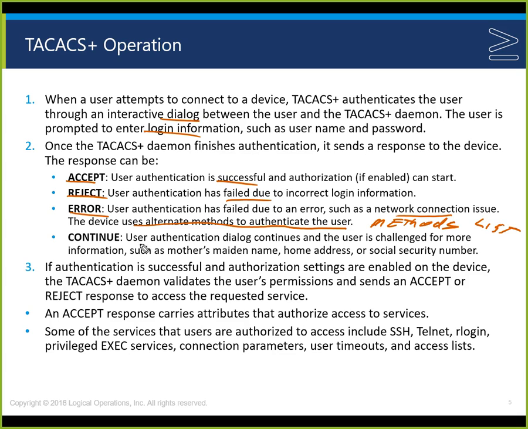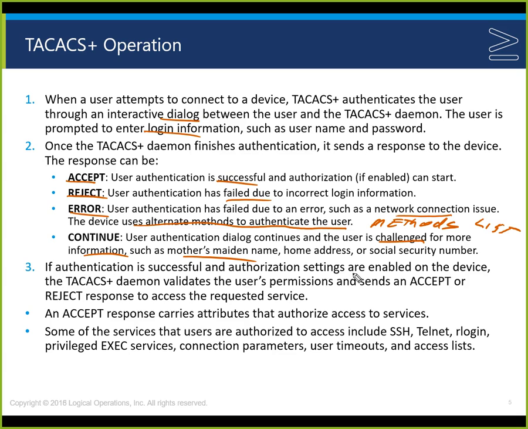When we do those things, user authentication continues and the user is challenged for more information, such as mother's maiden name, the things that you get on websites today if you haven't been there for a while, or if you haven't said, okay, trust this computer so it can set a cookie for you.